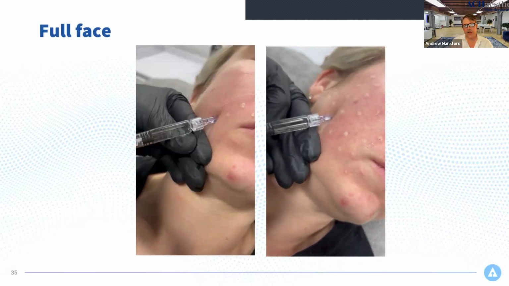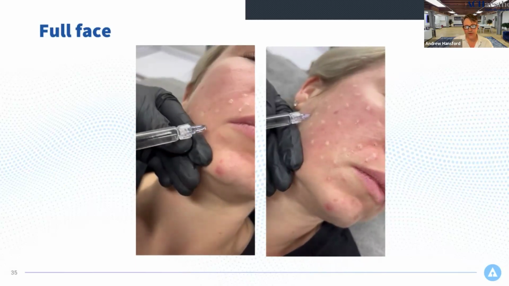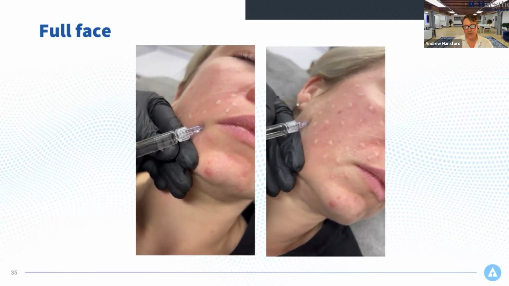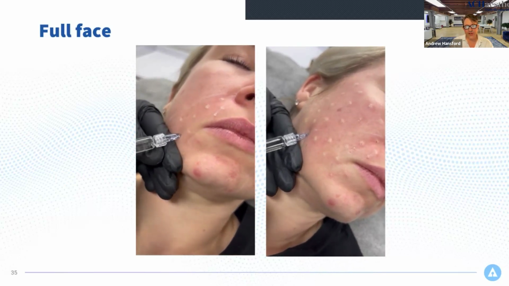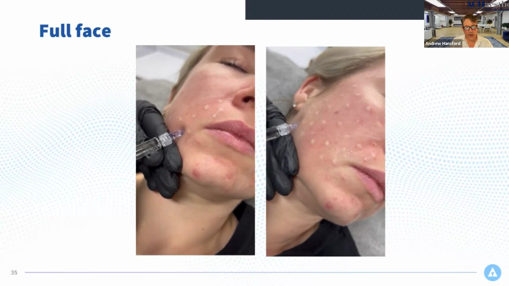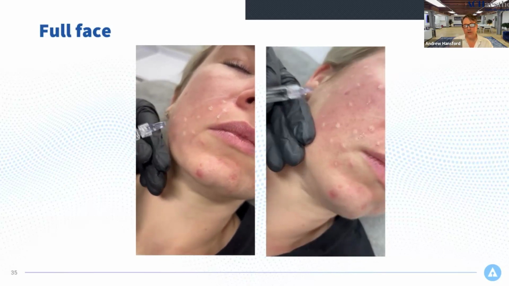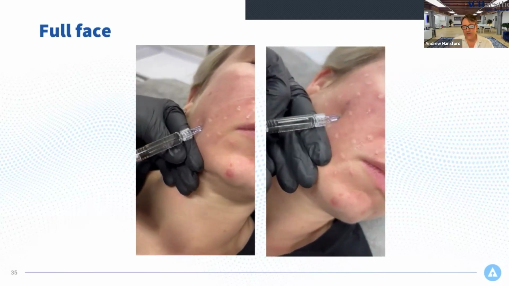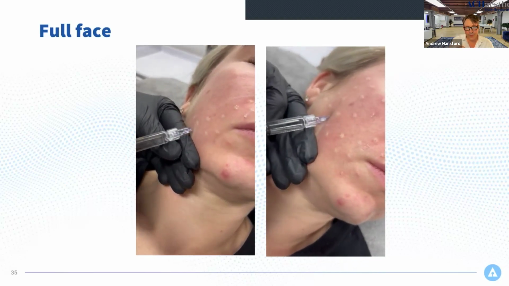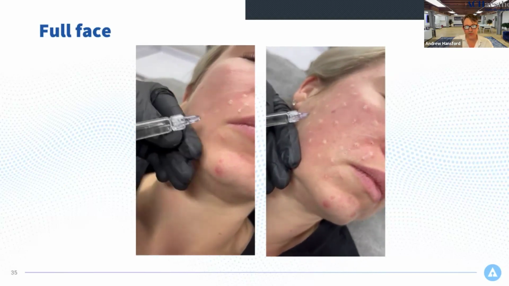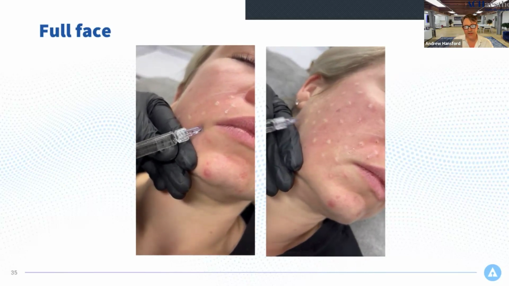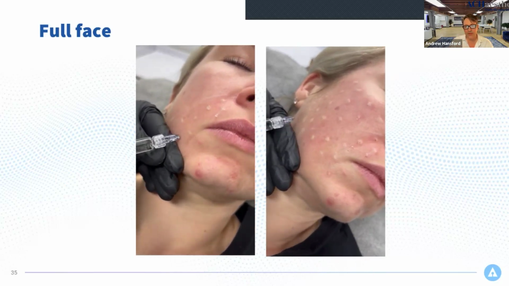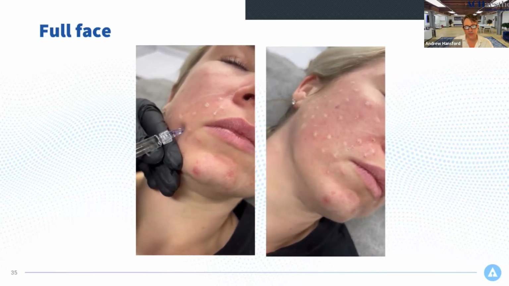So as you can see by the right-hand side image, I'm just literally stretching the skin, applying the product, move on. If I was doing that with a single needle, one, slightly uncomfortable, two, I'd have to spend a lot more time working out the depth and making sure I'm getting it right every single time. But in this instance, that whole face was done in literally 3 minutes.